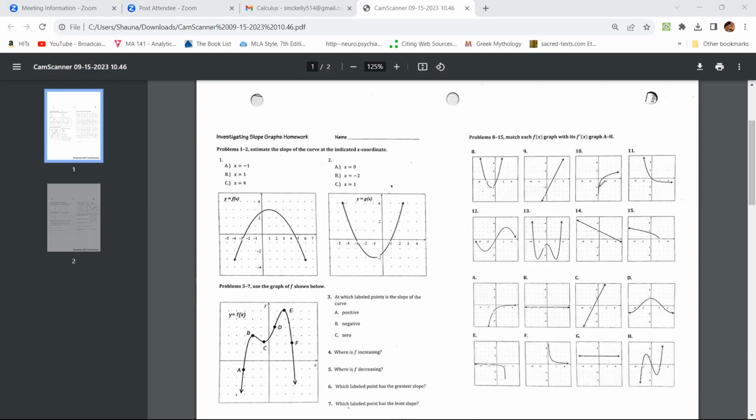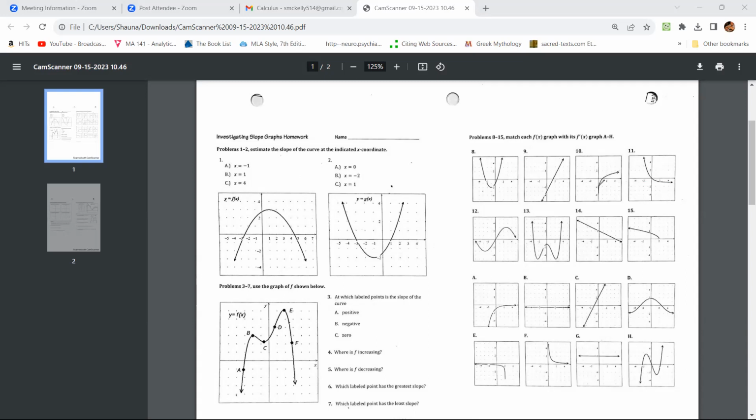But remember to think about the slopes of the tangent line. So what is the tangent line doing when it's really close to its vertical asymptote? The tangent line is very positive, right?